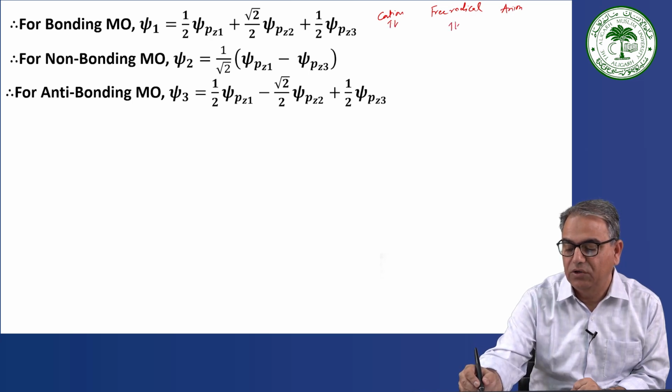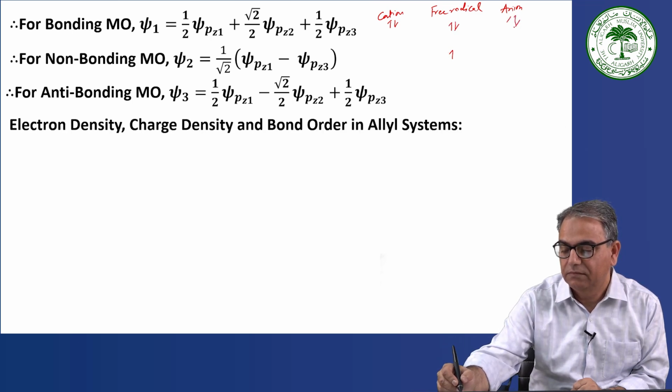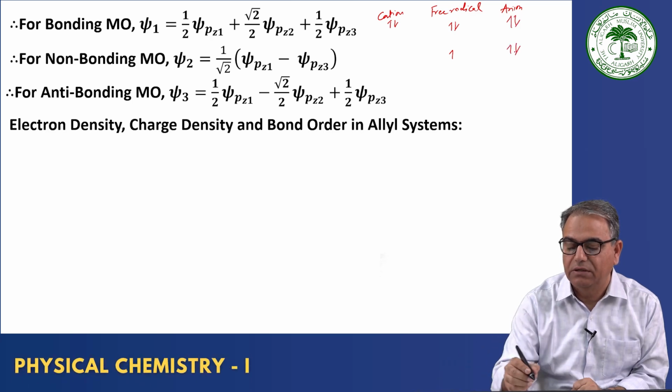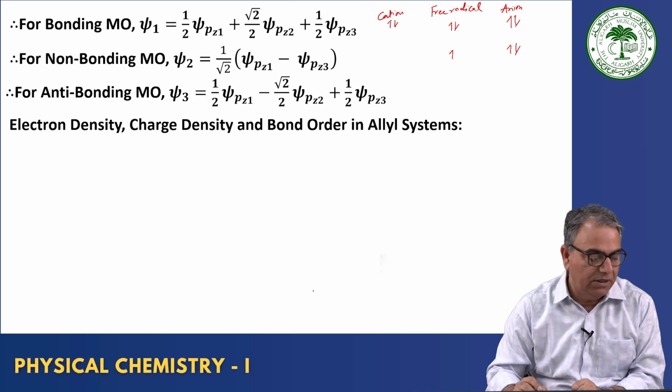In free radicals, you have 2 electrons in the bonding and 1 electron in the non-bonding, and in the case of anions, both these orbitals are occupied by 2 electrons. So with this knowledge, we can calculate the electron density, charge density and bond order of the system.